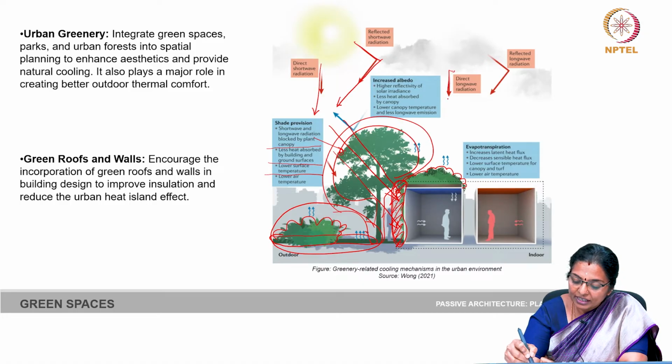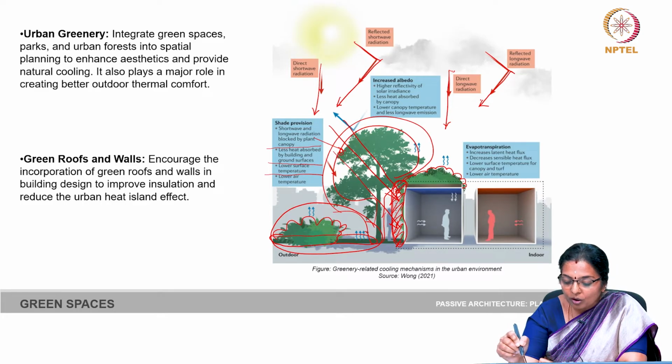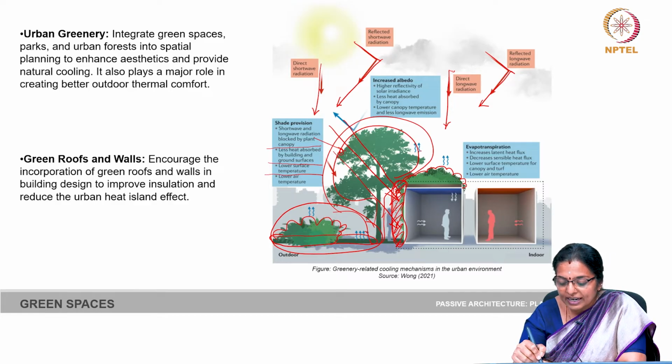You have direct long wave radiation and reflected long wave radiation. The building can get insulated from all of these if it has a lot of vegetation. Less heat is absorbed by canopy, lower canopy temperature and less long wave transmission.